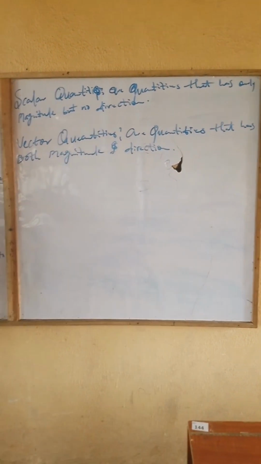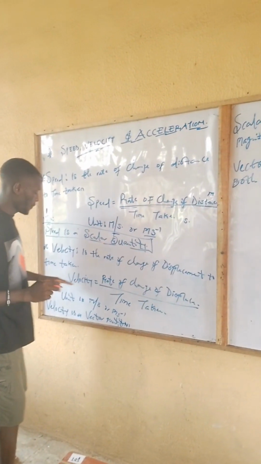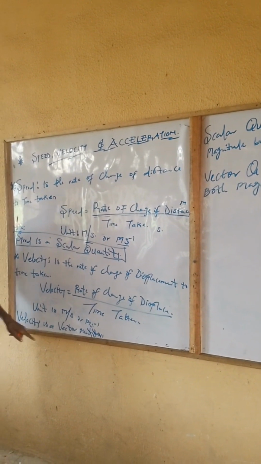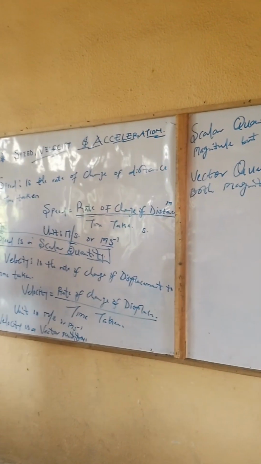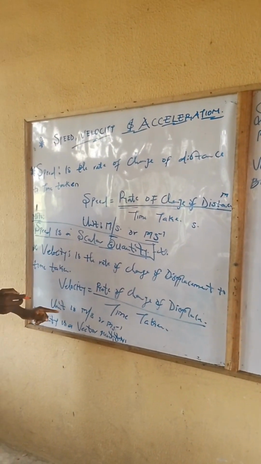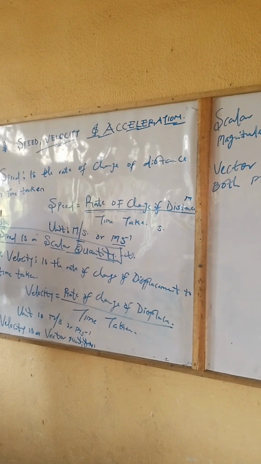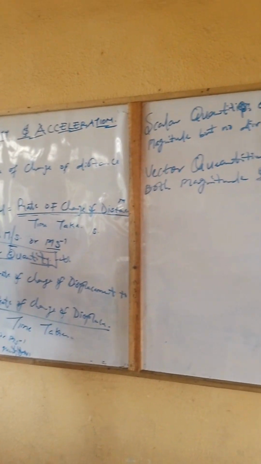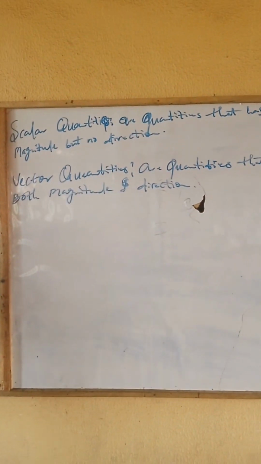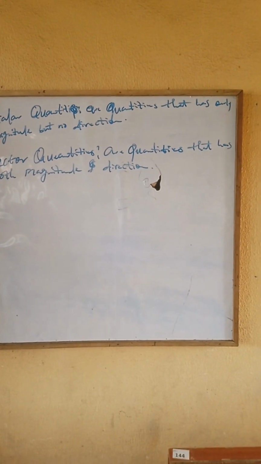So that's the meaning when we say speed is a scalar quantity and velocity is a vector quantity. What we mean is that one has just magnitude, and the other has both magnitude and direction. So now moving on, hope we can all understand the difference between speed and velocity.